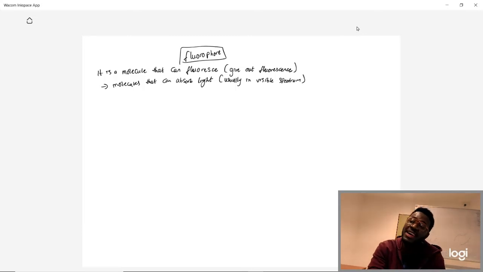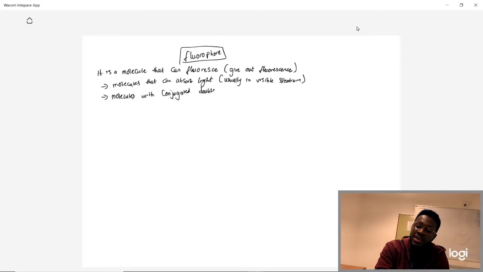We know from chemistry that molecules with a lot of conjugated pi bonds, a lot of conjugated double bonds, can absorb light in the visible spectrum. So we need molecules with conjugated double bonds.